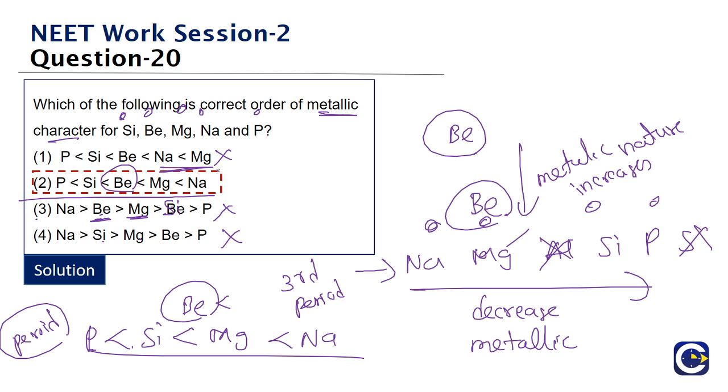So we have to first conclude on what is the trend in terms of the period analysis, what is the trend in terms of the group analysis. We conclude it, and based on that we can keep checking the options. And typically what happens is, 3 options will not satisfy our analysis on the group or period trend, and only one of them will satisfy, okay. So that is how we'll go about answering these kind of questions, okay.